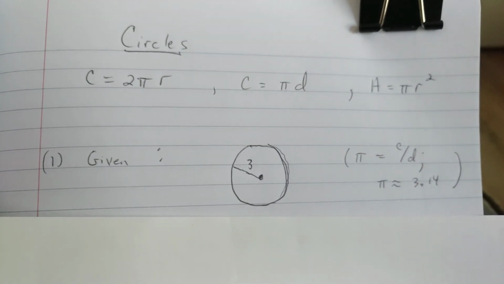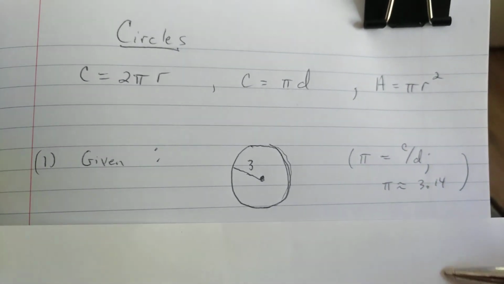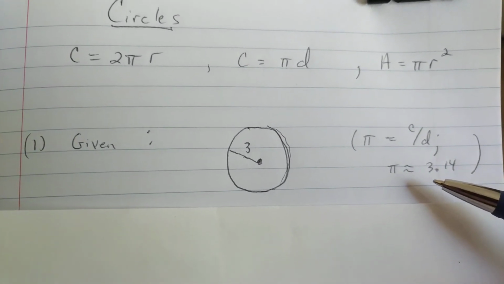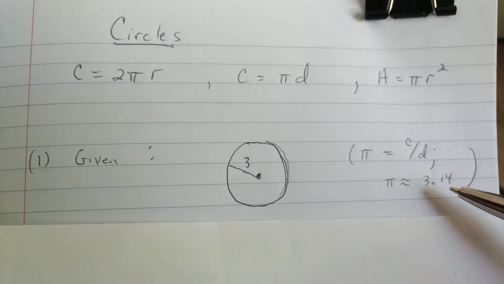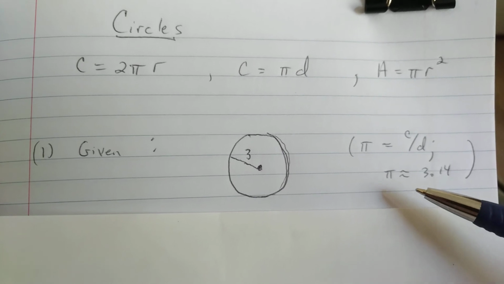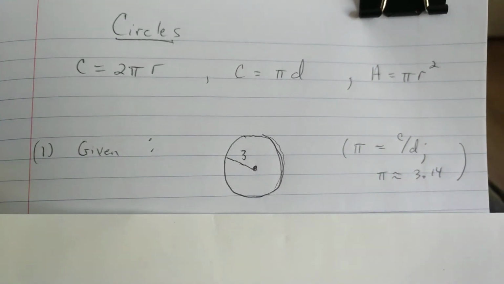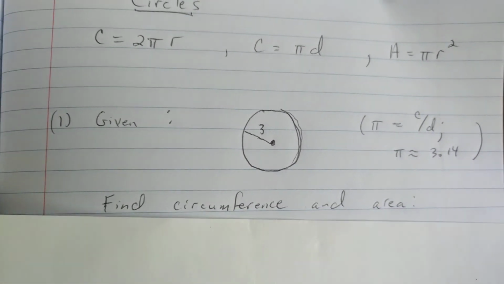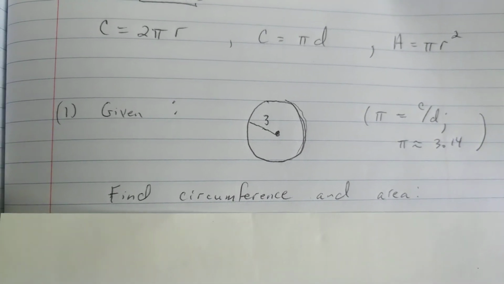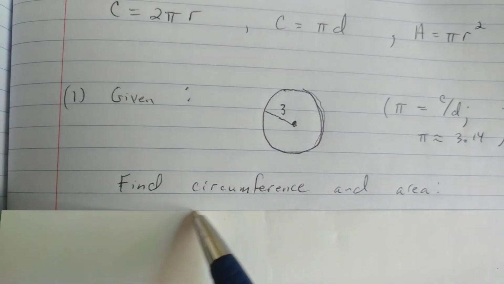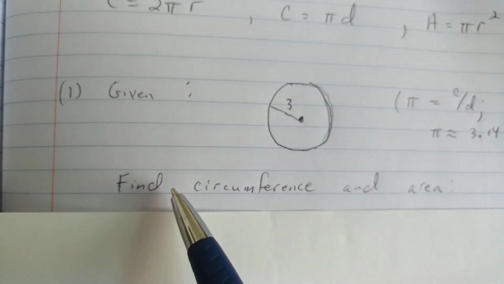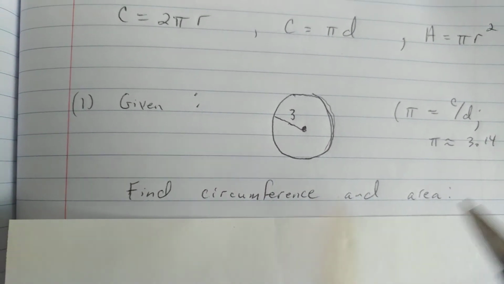And many of you have used throughout your years in school the approximation 3.14, which is not pi, it's approximately pi. So here's a circle drawn, a rough circle, and its radius is shown to be 3 units. The goal here for this problem is to find that circle's circumference and its area.